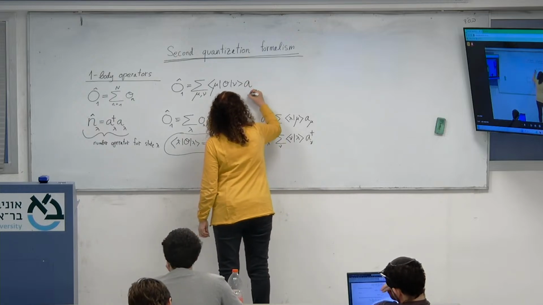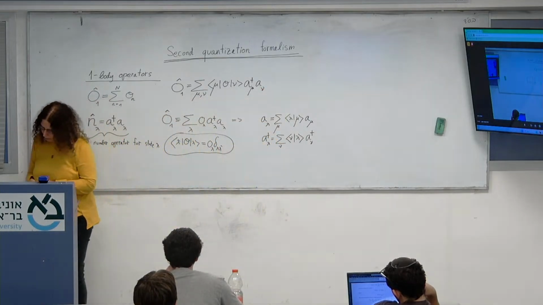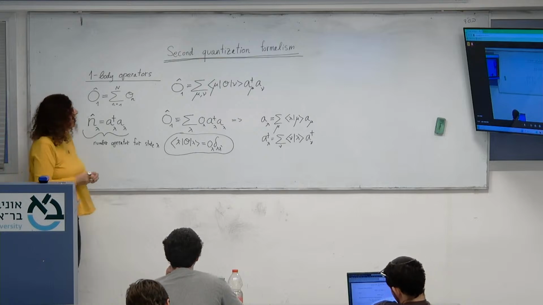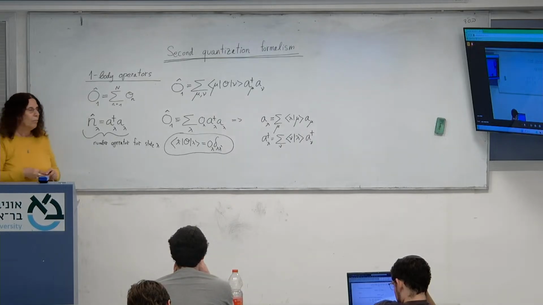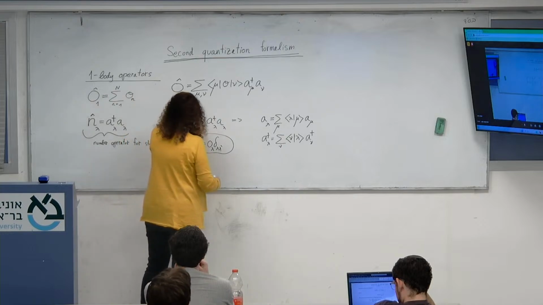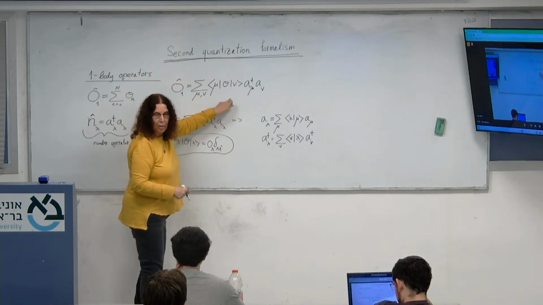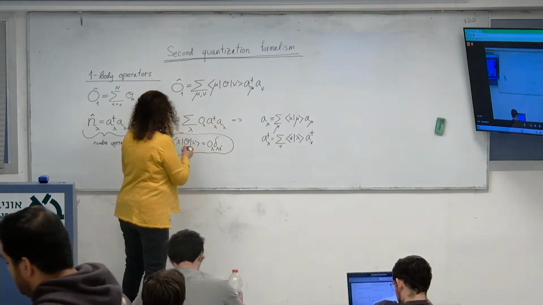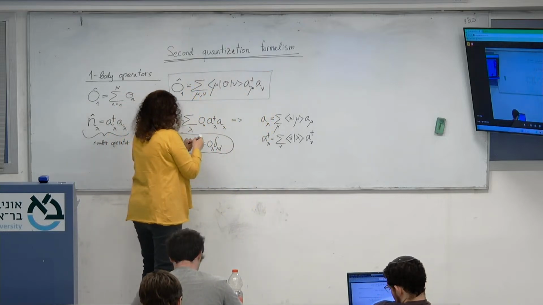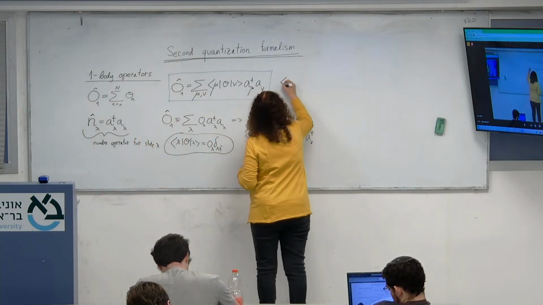Then I have a mu dagger. I did it in the right order, just verify. Let me define this matrix element. I didn't define it. So what is it?